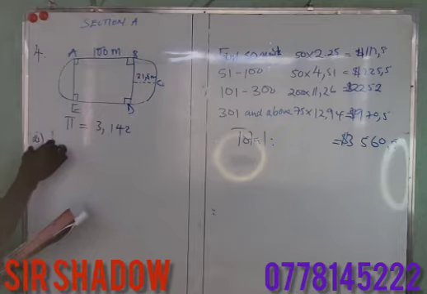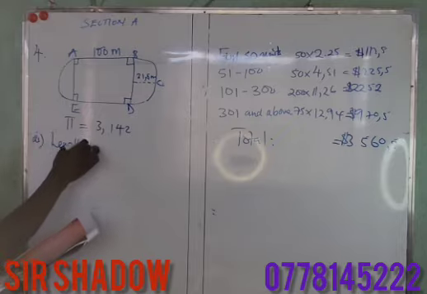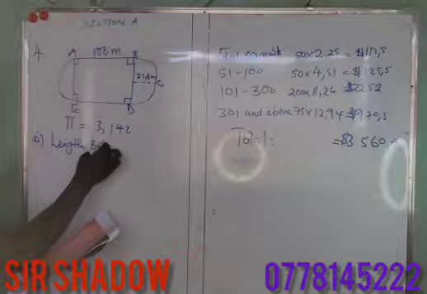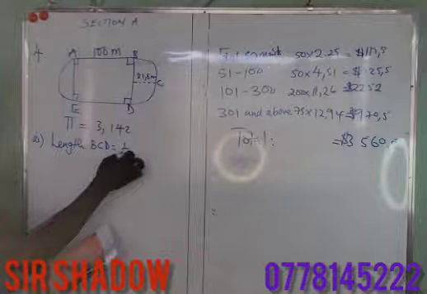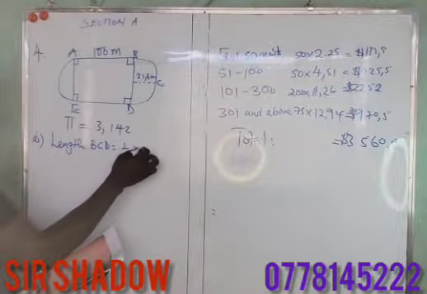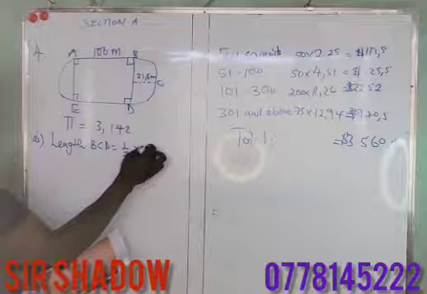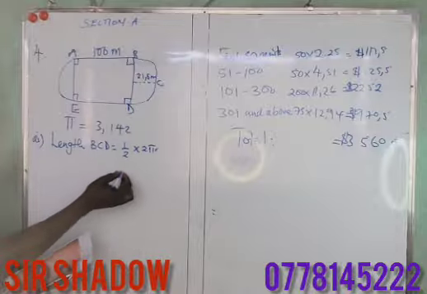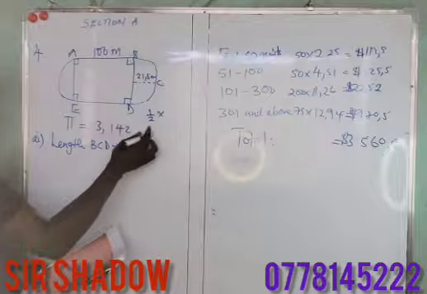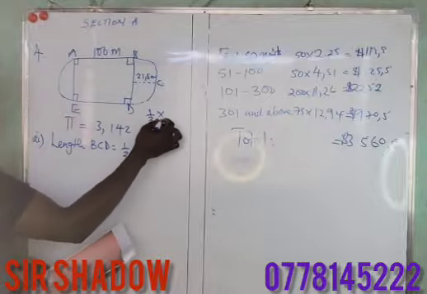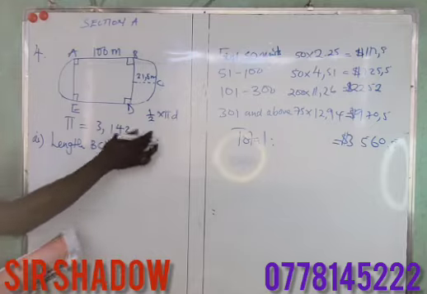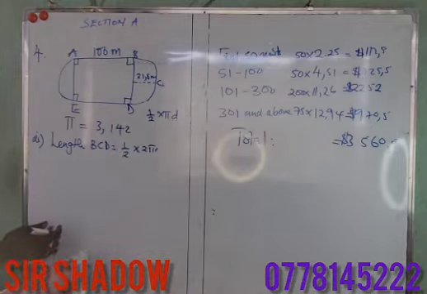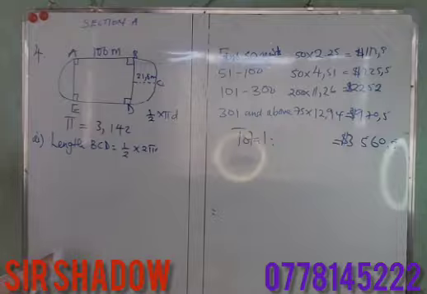Item 1, we want to calculate the length of BCD. This is equal to, remember the length BCD, just half multiplied by 2 pi r, or others say half times pi d. This one is the same as this one, right? Because 2 times radius gives us diameter, right?